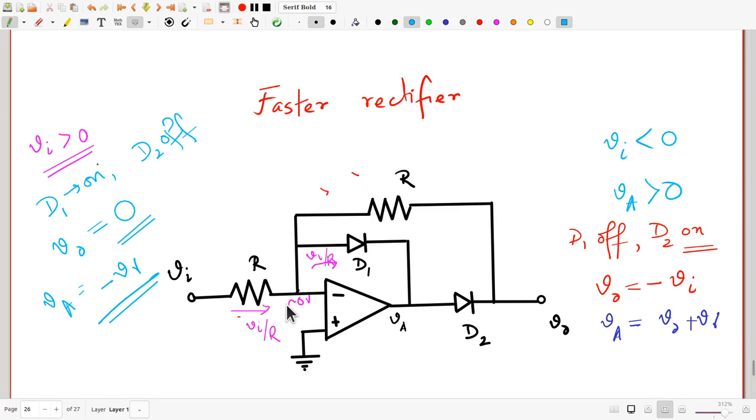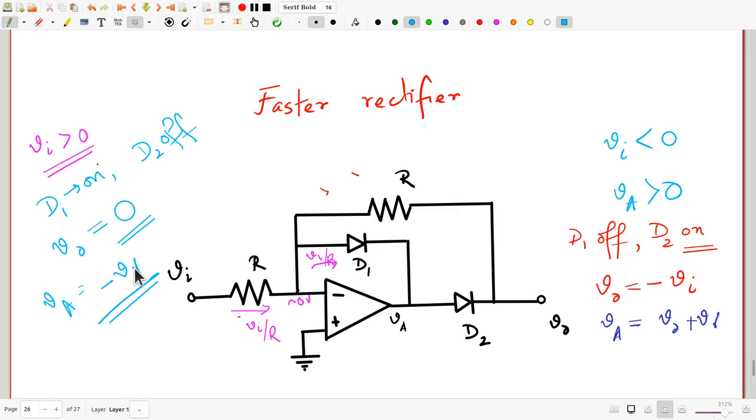When Vi becomes positive, the output changes to minus V gamma. So basically the op-amp output here switches from minus V gamma to plus V gamma, or the other way around depending on which way Vi is changing.